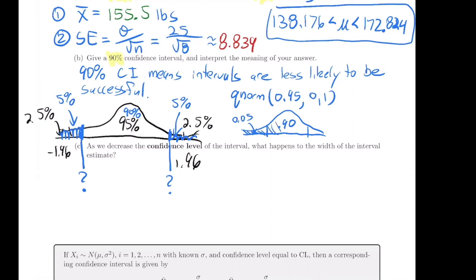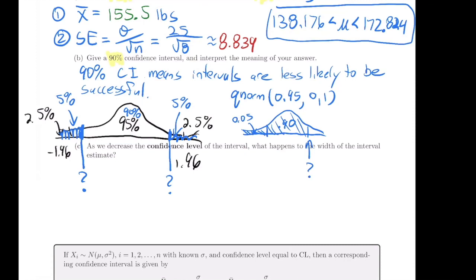Okay, and what this function is doing is it's taking the middle 90% as well as the tail, which is the bottom 5%. And this formula, this qnorm, is going to tell us what that value is. It tells us what is the z-score that cuts off an area of 95% to the left.